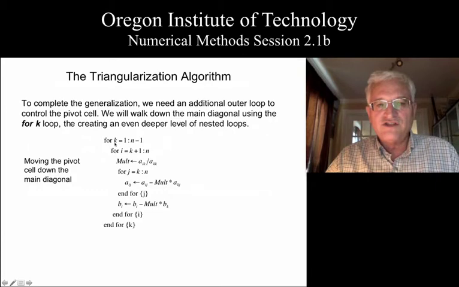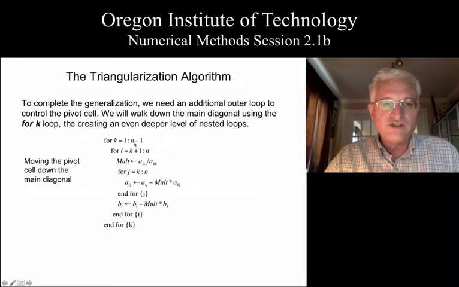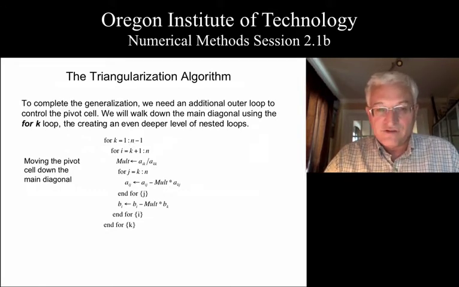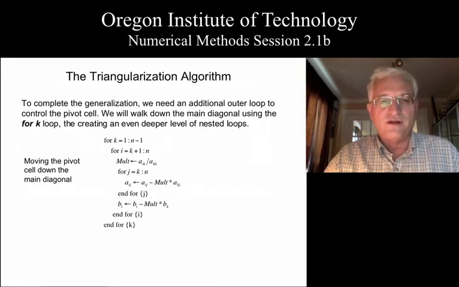But we'd like to generalize this code by marching down the diagonal and stopping one short of the very last row. Well, we already kind of described why. There's nothing to do on the last row. We don't have to eliminate any rows below it. We just leave it alone.